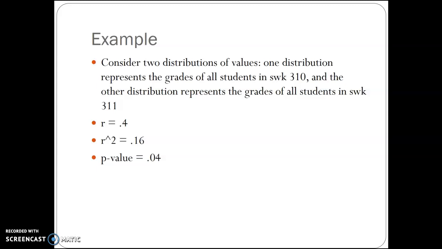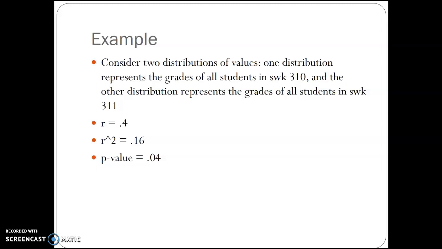If you get a correlation of 0.4, then your r squared is going to be 0.16, because that's what the r squared is. It's the correlation multiplied by itself. This particular statistic we interpret as the degree of variation in scores in 311 that's explained by the variation in scores in 310.